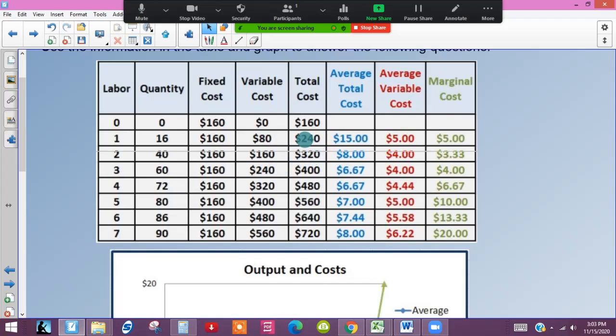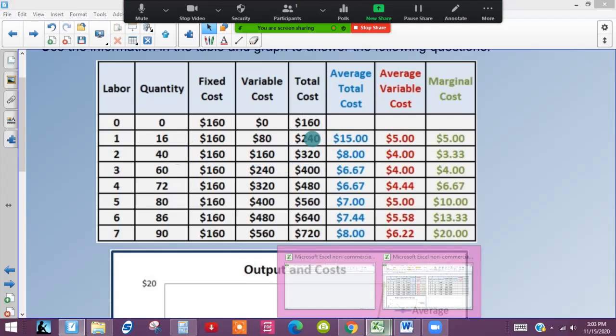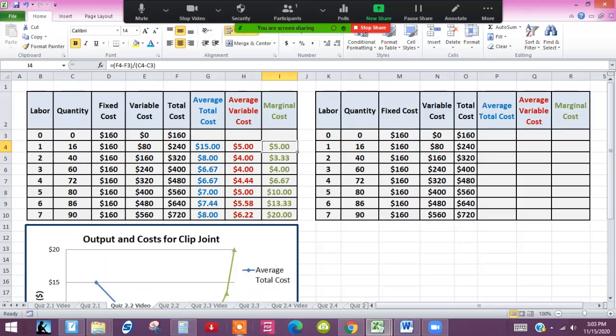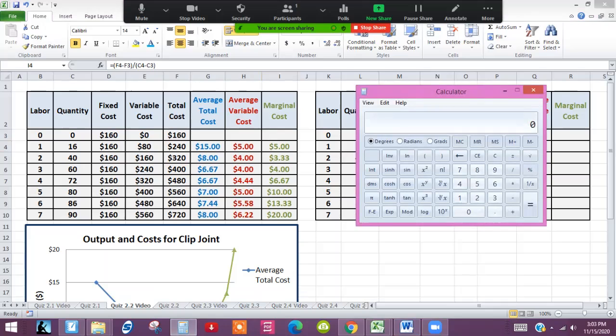Okay, that's going to give me my difference in the cost going from 16 to 40. Okay, so let me jump back over to my spreadsheet. So 320 minus 240 gives us 80 right here as our difference.